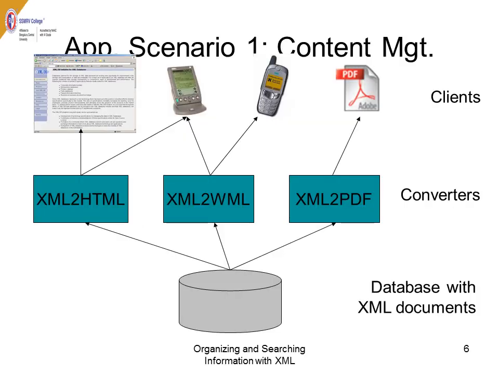In this diagram you can see that the XML language can be used for distributing the data to different applications. So here you have a database with XML documents or XML web pages.